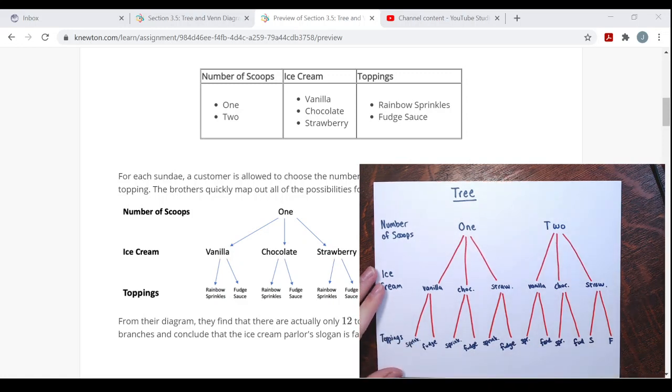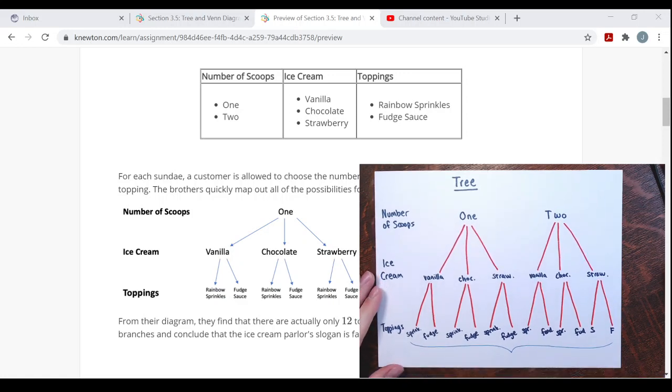At the very end of the tree diagram, count how many sundaes I can make, which is how many finishing branches there are. And there are 2, 4, 6, 8, 10, 12 total sundaes that could be made. And you could list them off by just following the branches, following the paths.